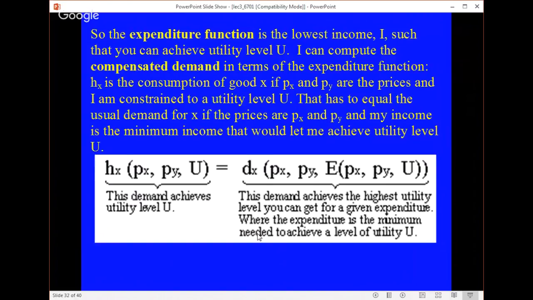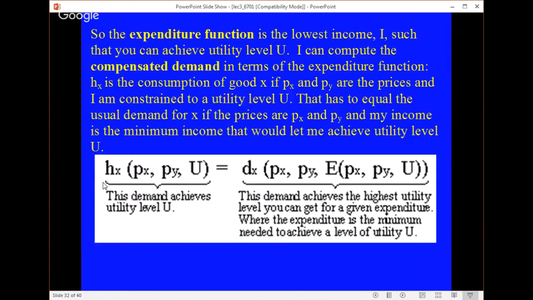I can compute the compensated demand, right? In terms of the expenditure function, where h of x is the consumption of good X, if PX and PY are the prices, and I am constrained to a utility level U. In other words, I want a fixed utility. That has to equal the usual demand for X if prices are PX and PY, and my income is the minimum income that will allow me to achieve the utility level.